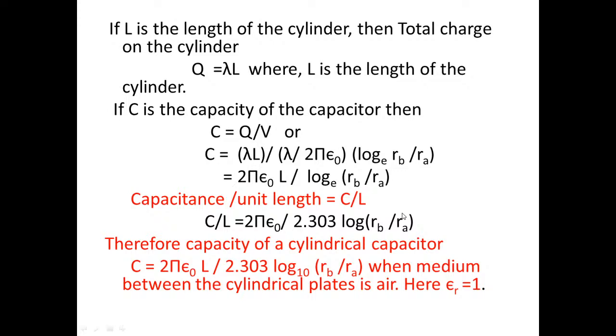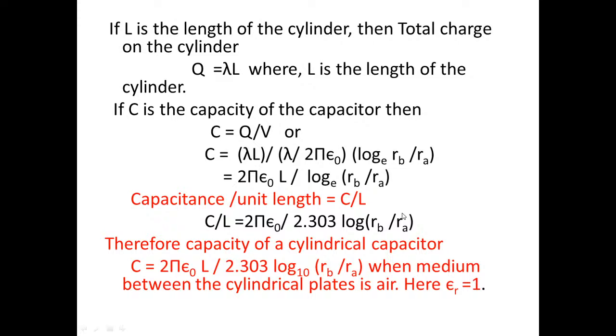If C is the capacity of the capacitor, then C will be equal to Q upon V. Just put the value of Q here, C is equal to lambda L upon lambda by 2 pi epsilon naught into log of RB upon RA to the base e.